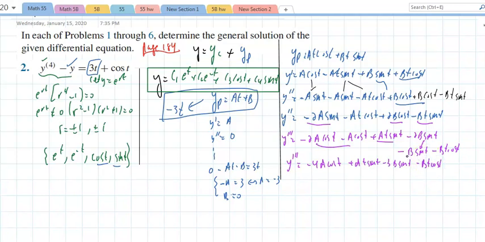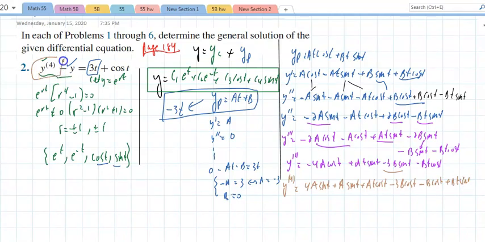And if I go for another derivative, which is the final, fourth derivative, that would be 4A sine of t, plus A sine of t, plus at cosine of t, minus 3B cosine of t, minus B cosine of t, plus bt sine of t.